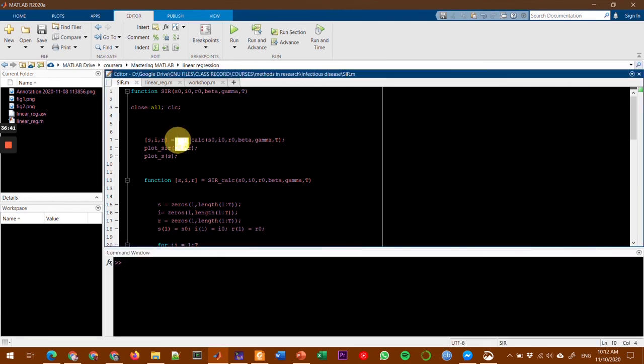So now buhat ko function. Now I have my function here, SEIR, which accepts input. Okay? Input, we have S naught, meaning katong initial susceptible population, and then initial infected individual, initial recovered individual, and then the infection rate. This is for the recovery rate. And ang time, kung unsa ang length of time na i-run mo ang mga program, could be 100 days, 1,000, could be anything.